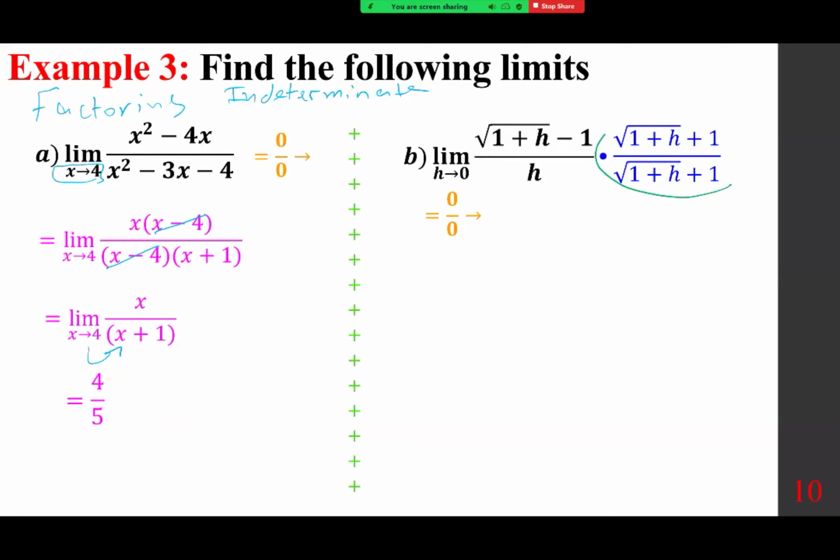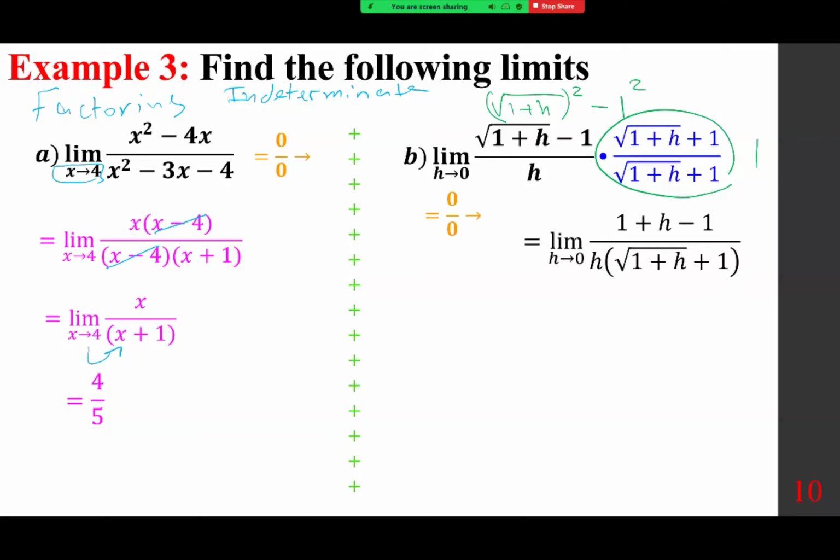So this must be 1, and it is. Now, when you multiply these two, you get a minus b times a plus b, which is a squared minus b squared, square root of 1 plus h squared, minus b squared. And so we get 1 plus h minus 1.